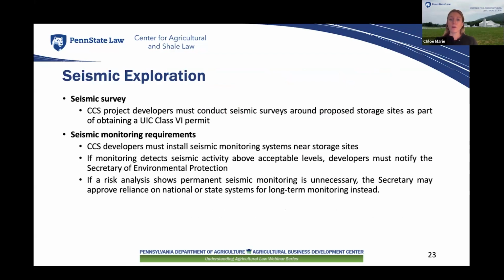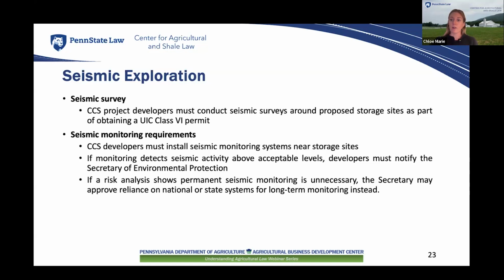Now, the law also requires CCS project developers to review potential seismic activity as part of obtaining a UIC Class 6 permit. They are required to conduct seismic surveys around the proposed storage site to assess geological stability and identify potential risk. Developers are also required to set up a seismic monitoring system near the storage site to track the presence, magnitude, and location of any seismic activity.